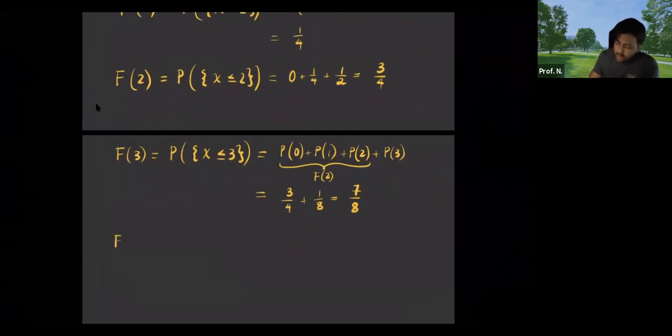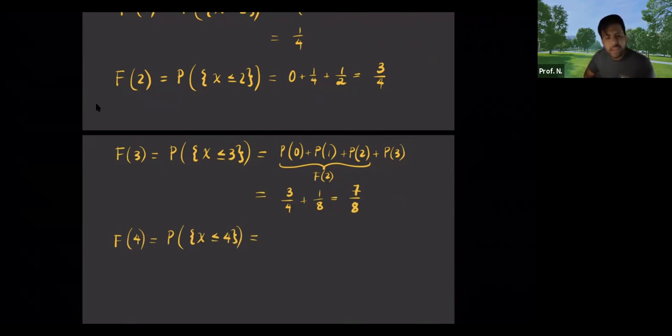And then lastly, this is my last value. What if I accumulate all the probabilities for the random variable being less than or equal to 4? When I do this, I exhaust all my possibilities for the x value, attaining its particular values 1, 2, 3, and 4. Let me make that a little more explicit.